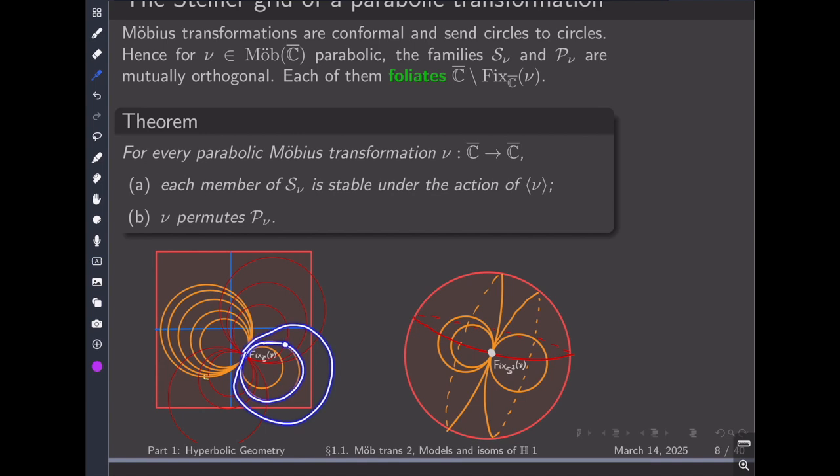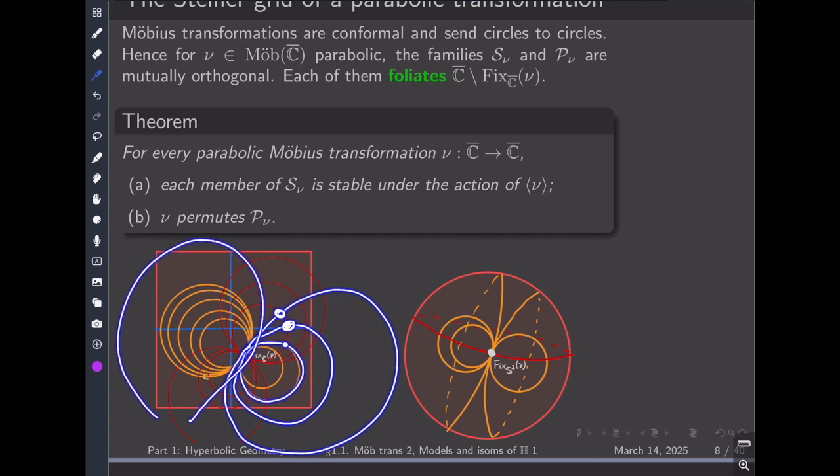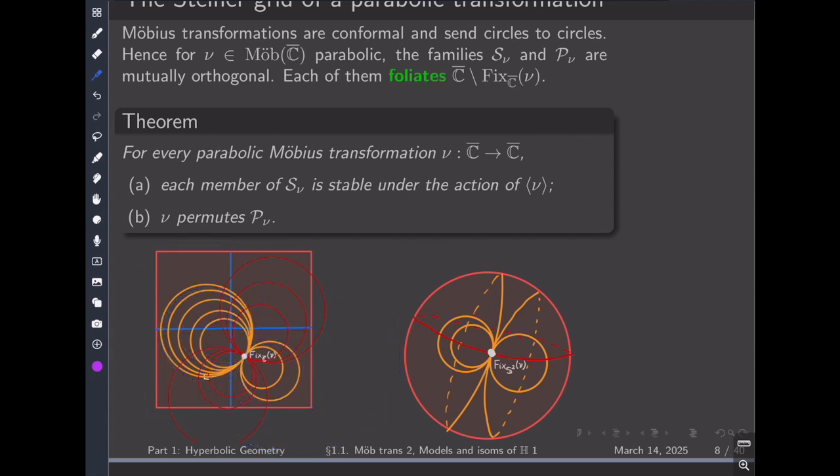Then the image of this would be this, and the image of this one would be this one, etc. And then at some point it starts converging on the other side. That's how the other family gets permuted. Okay.